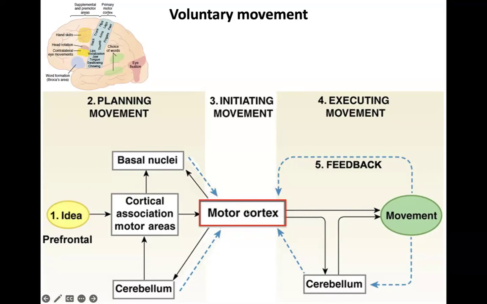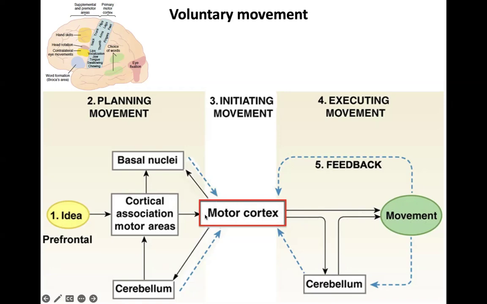That we talked about already. So this arrow here is the simplification of the upper motor neuron from the motor cortex down to the spinal cord and then to the muscle and then creates the movement. Okay, so this is a short summary of what we just talked about. Motor cortex down to movement, right?